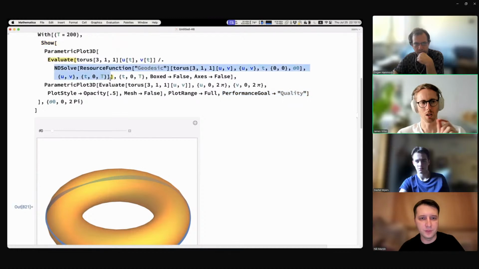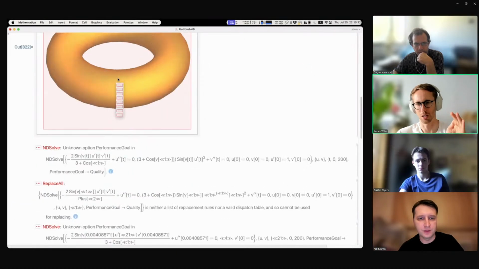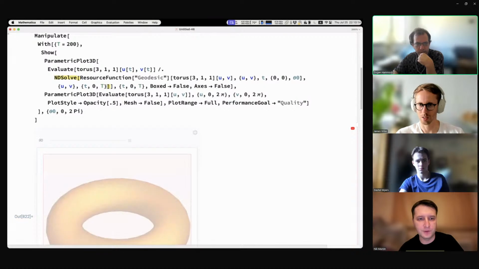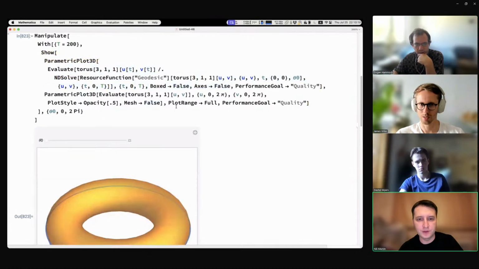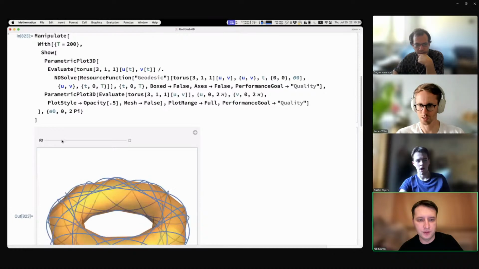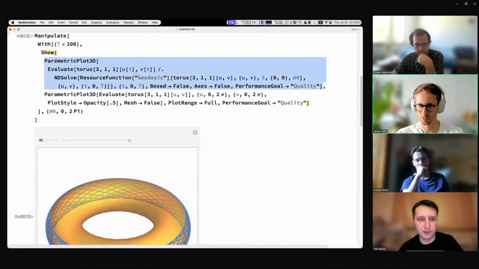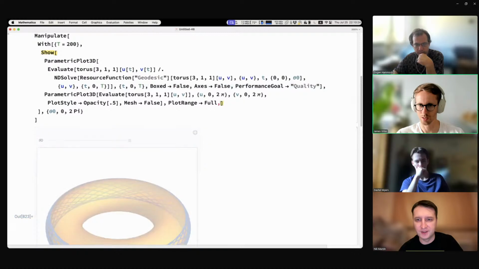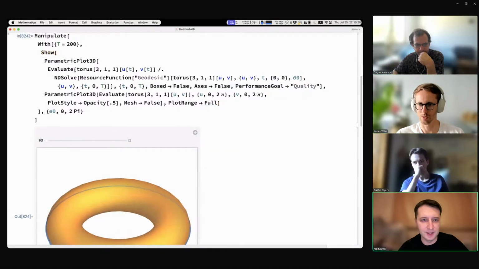But that's just while you're moving it, and then it becomes exact. There's no performance goal for this. Yeah, cool, just for this ParametricPlot, not for the Show overall, just for the one that contains the actual curve.